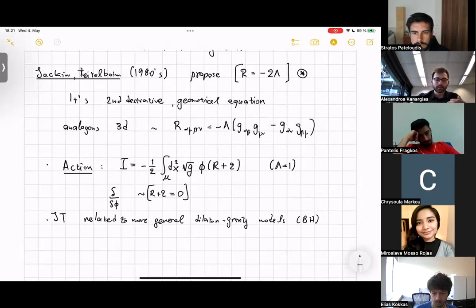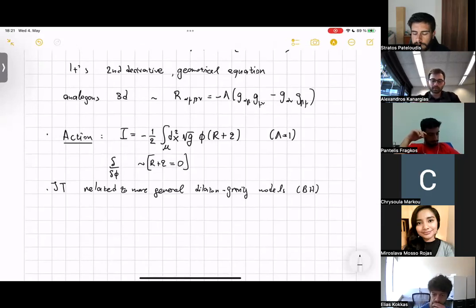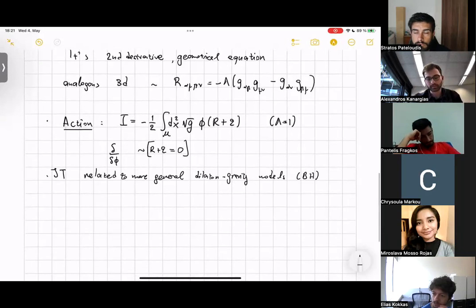And in certain regimes, if you put this in anti-de Sitter space, which you cut off at some point, some models can be described universally by this JT. So if you take the limit, you find JT in some cases. And since some black holes can be described in terms of these dilaton models, JT is also related to this.